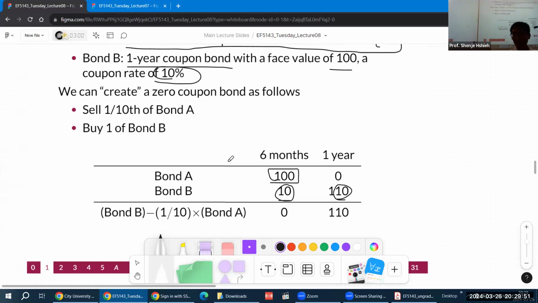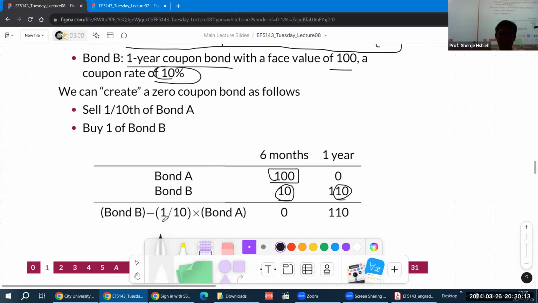Zero coupon meaning there is no payment at 6 months. We can do this, right? Because bond A's 6-month coupon payment perfectly aligns with bond B's coupon payment in terms of timing. And we simply have to form a portfolio that completely offsets this, zeroes out the 6-month coupon payment.